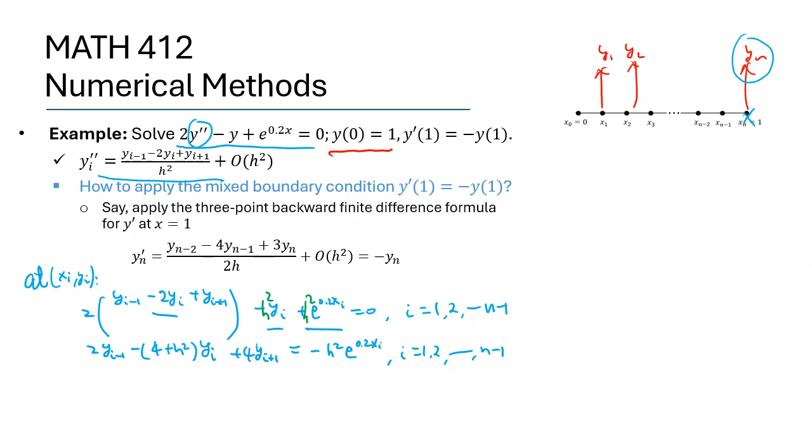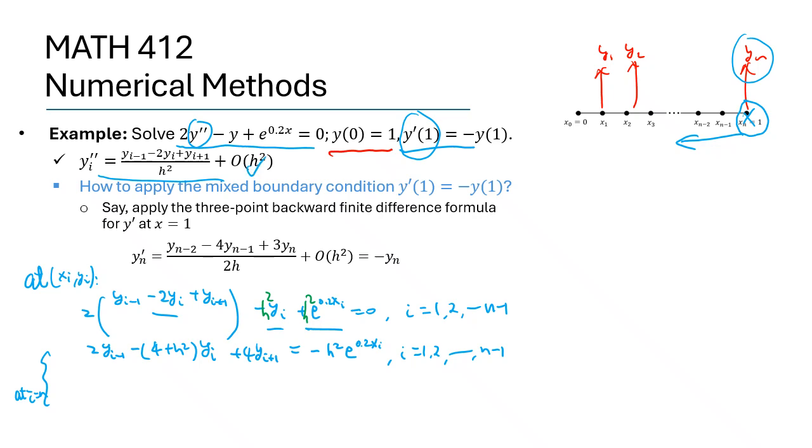Also we need to discretize at the last point. At this point i is n, and we want to find a formula to apply this condition. We need the first derivative, right? A formula for the first derivative. As I said, we can only use a backward formula with such truncation error.